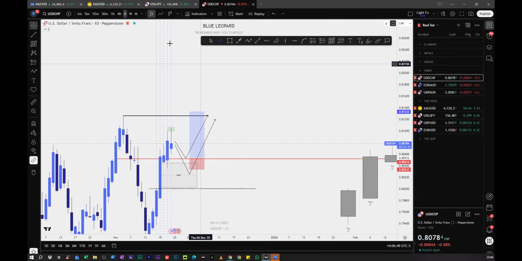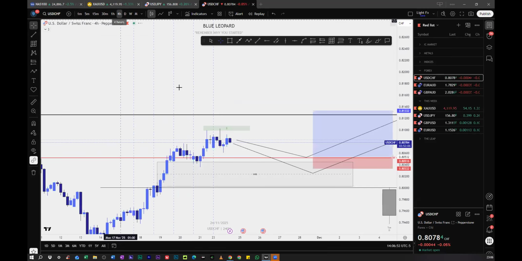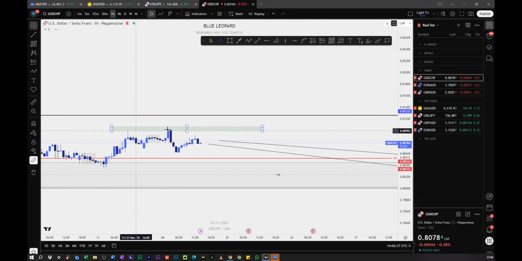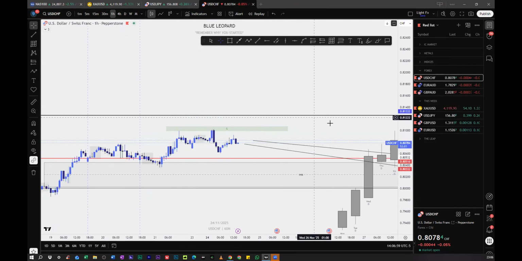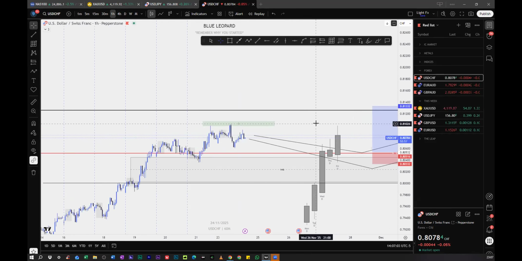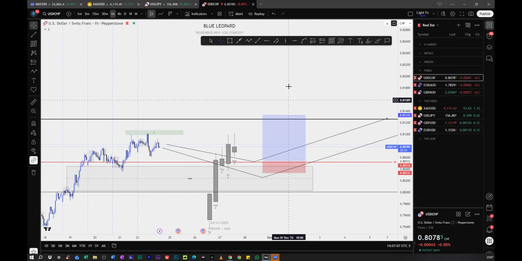That's what I'm expecting on USD/CHF. You see? Today price did not go anywhere, created this liquidity here, just for it to drop tomorrow, come test my red line here, and then from there we can start buying and continue higher.